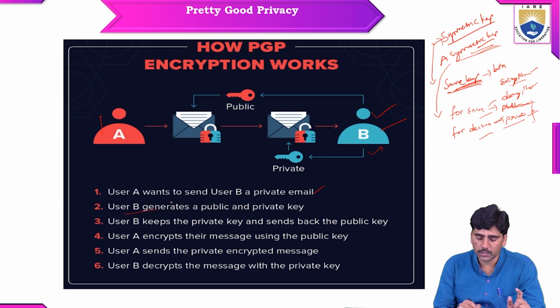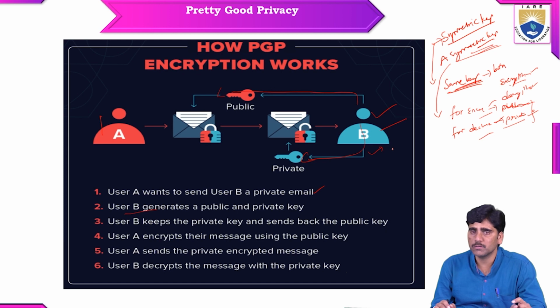So user B generates a public and a private key. Before sending the private mail, what is user B actually doing? User B is generating a public key and a private key, by using some algorithms, some cryptographic functions, and some encryption key management techniques. Both are generated.